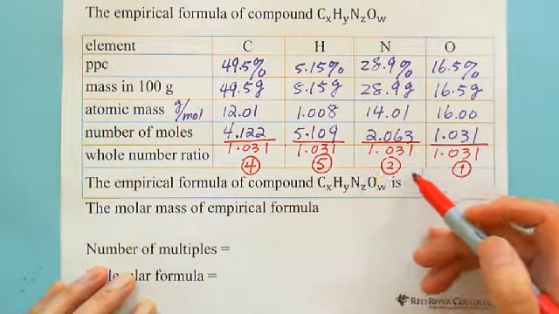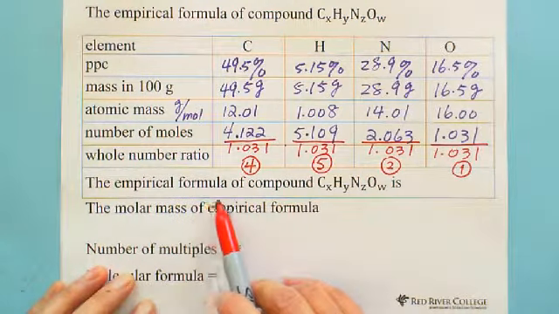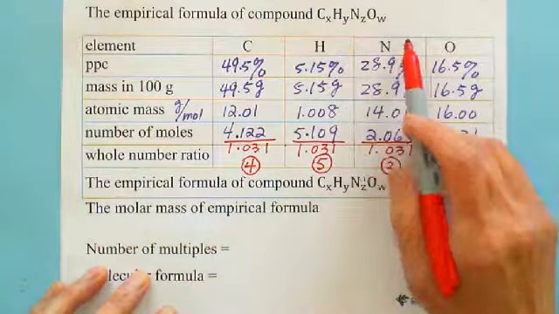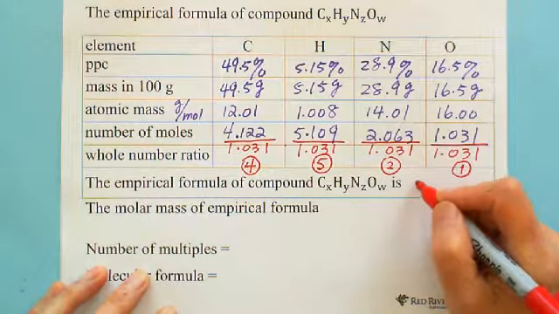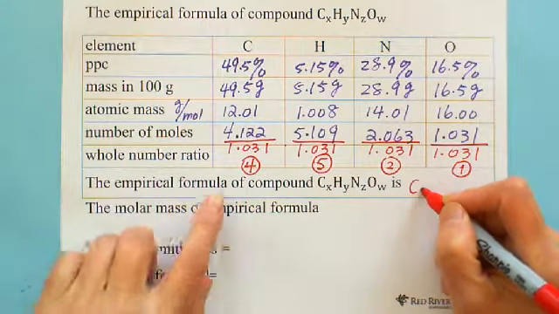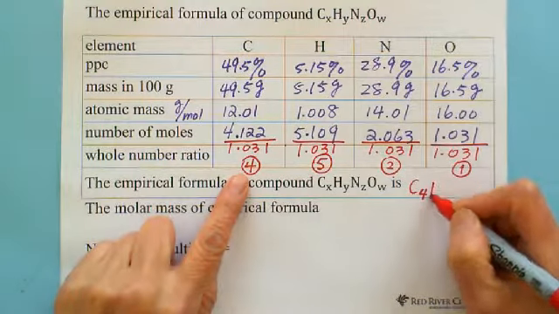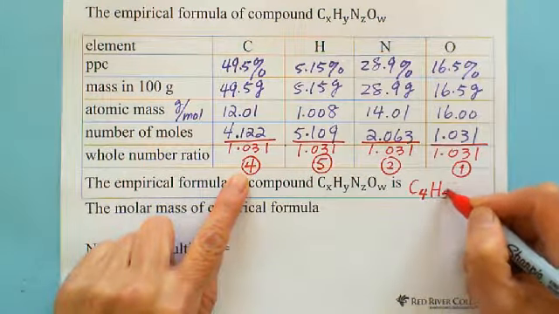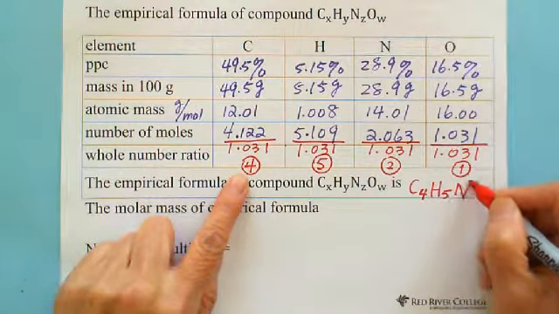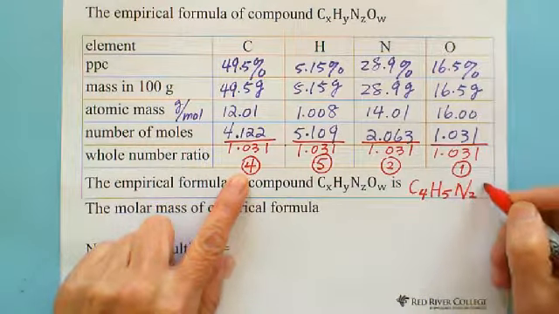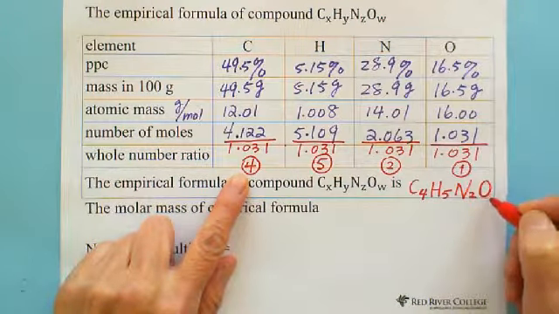So that's why the empirical formula of this compound is C4H5N2O1, which is C4H5N2O.